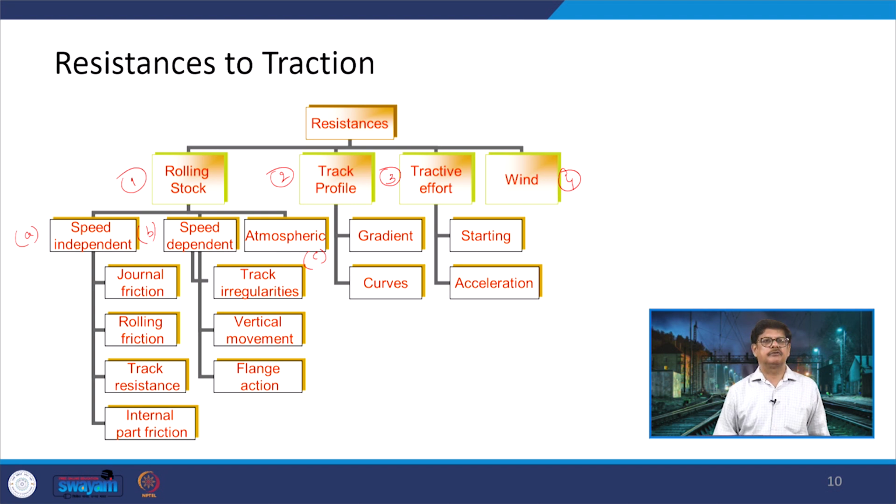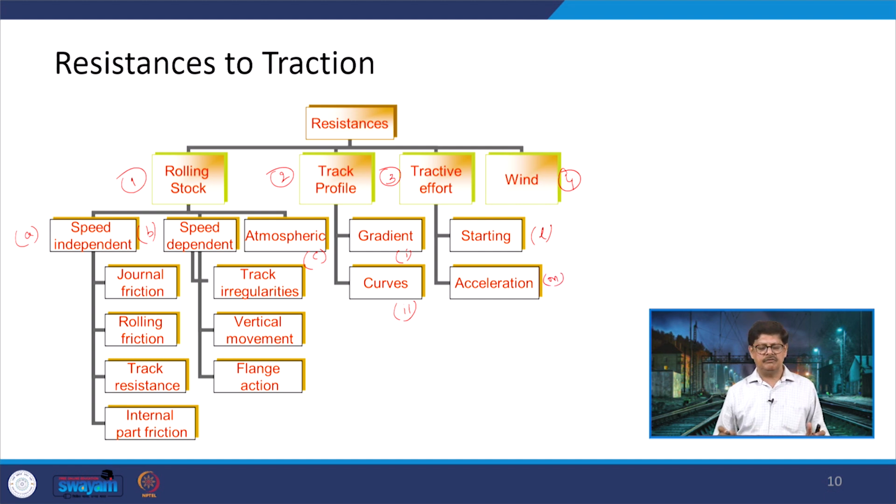In the case of track profile, again we have one as a gradient and another one as curve. And if we talk about the tractive effort, then it can happen in terms of, say, the starting or the acceleration.